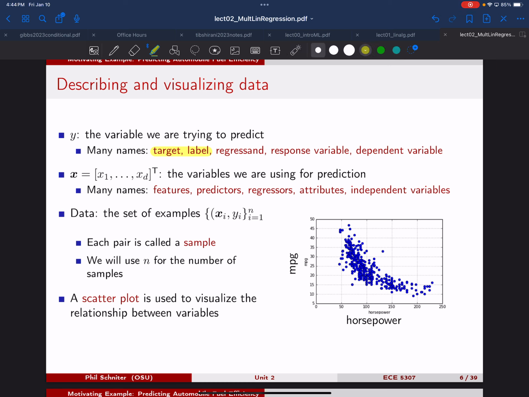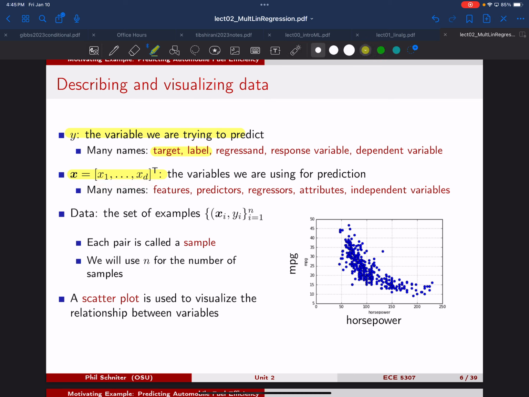So that's the thing we're trying to predict: y. Now the data we're using for prediction, we're going to call x, and we're going to assume that we have possibly many different quantities that we're using to predict y. We're going to label those quantities as x1 through xd.